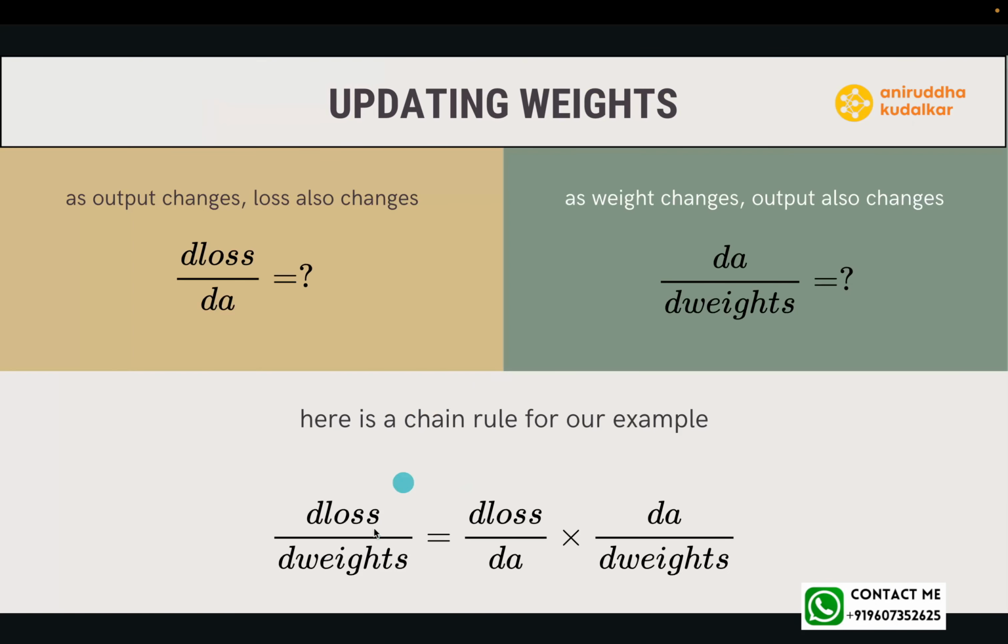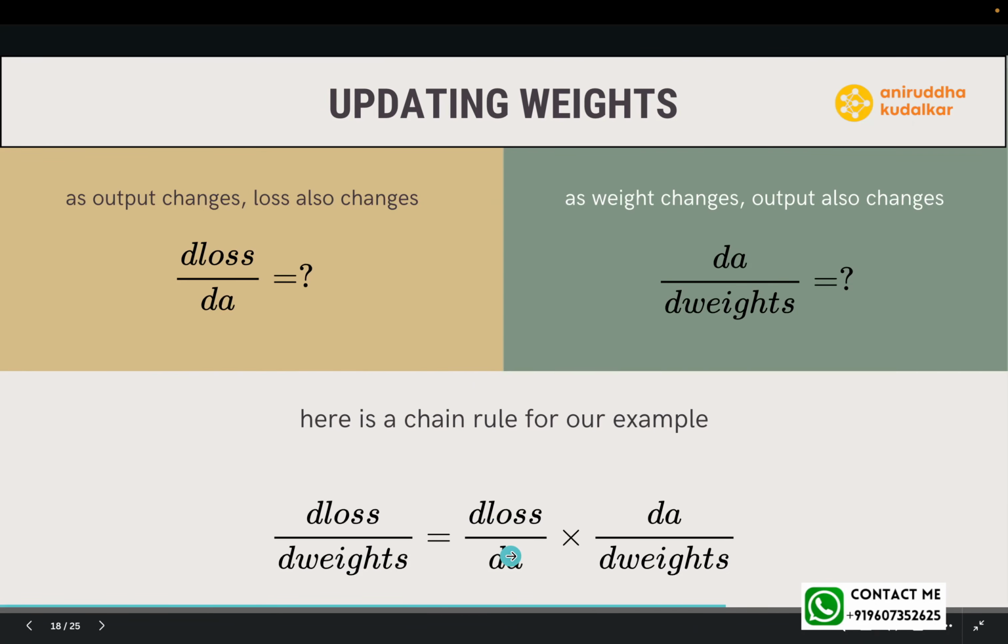d loss by d weight is equal to d loss by dA into dA by d weights.